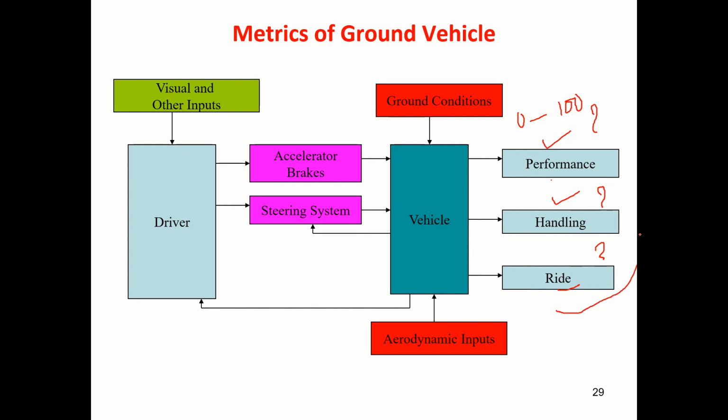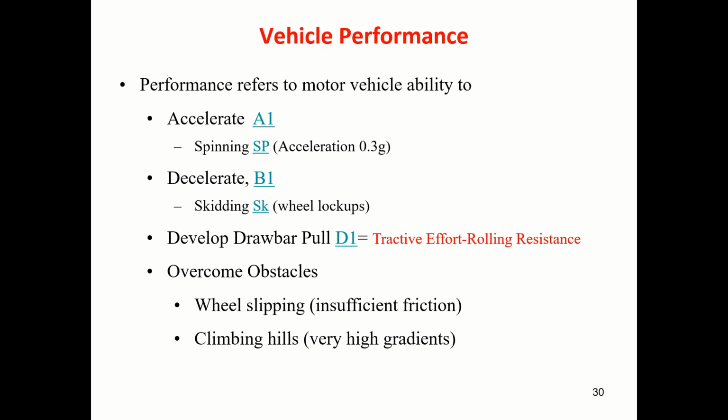Anyway, we will define and explain these things in detail. That will set the foundation for studying vehicle dynamics. Okay, now at this point, let us stop. In the next video, I will explain the meaning of performance, ride, and handling. Now, thank you.